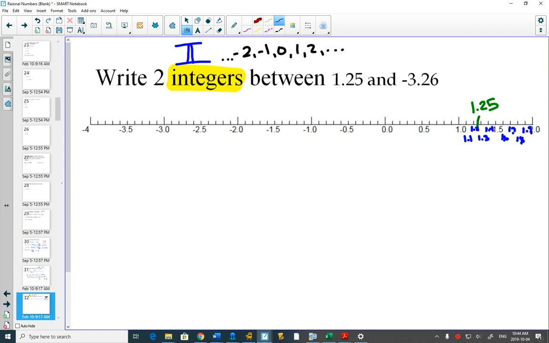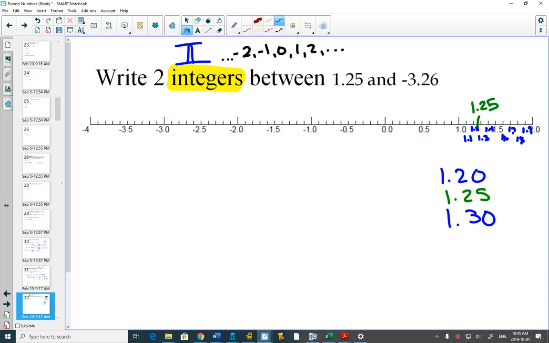And so where's 1.25? It's going to happen between 1.2 and 1.3. Sometimes you can think of 1.2 as really 1.20, and 1.3 is 1.30. Does it make sense that 1.25 is in between?